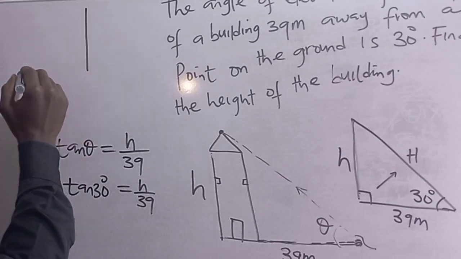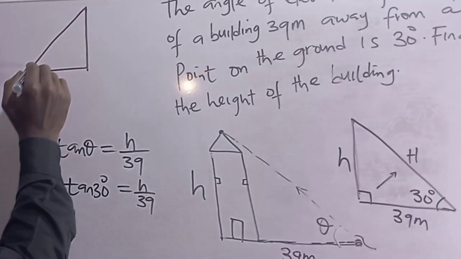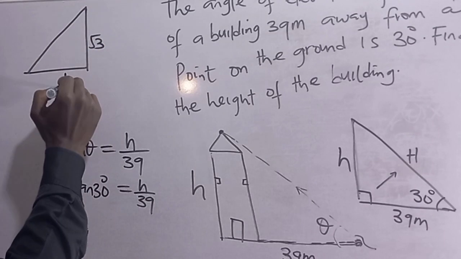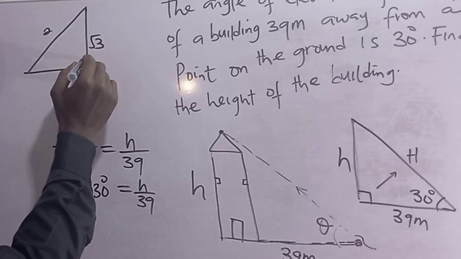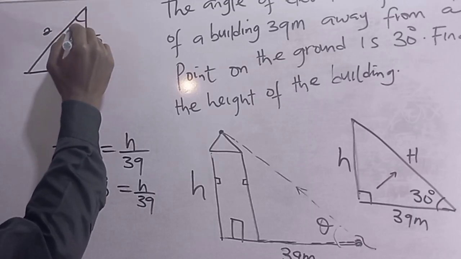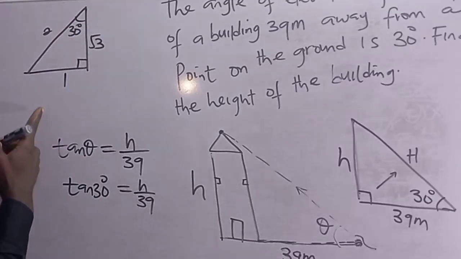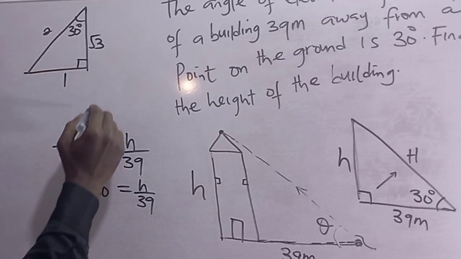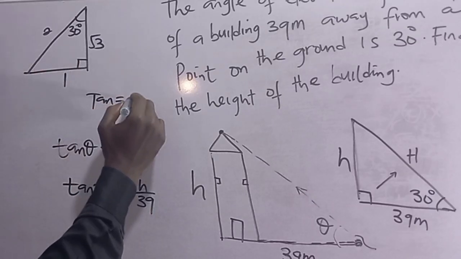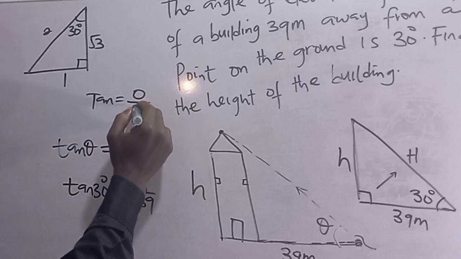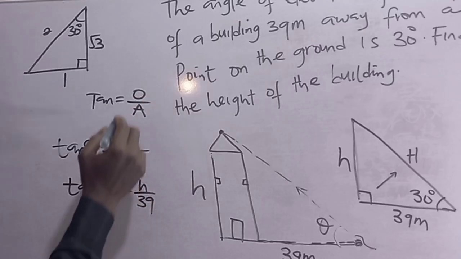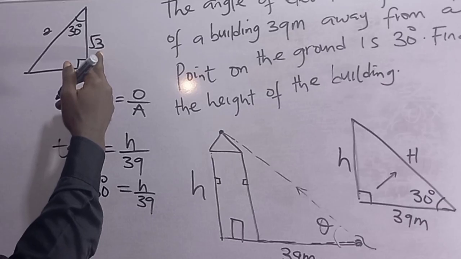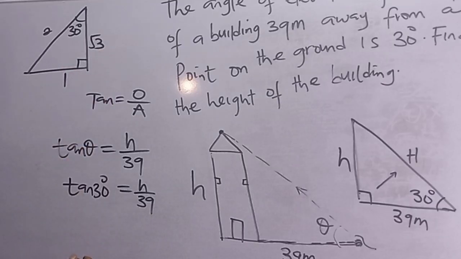So from this figure, where we have root 3, 1, 2, we can get the value of tan 30. Tan gives the ratio of the opposite to the adjacent, which is 1 over root 3.